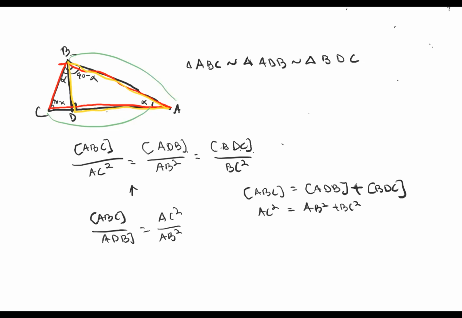Does that make sense? ABC over AC squared equals ADB over AB squared, which means that AC squared is like a factor of ABC, and we just find the factors here. Does that make sense? That we get this?